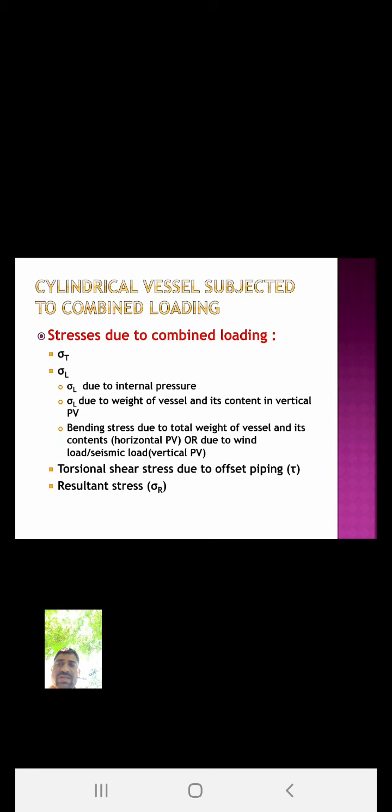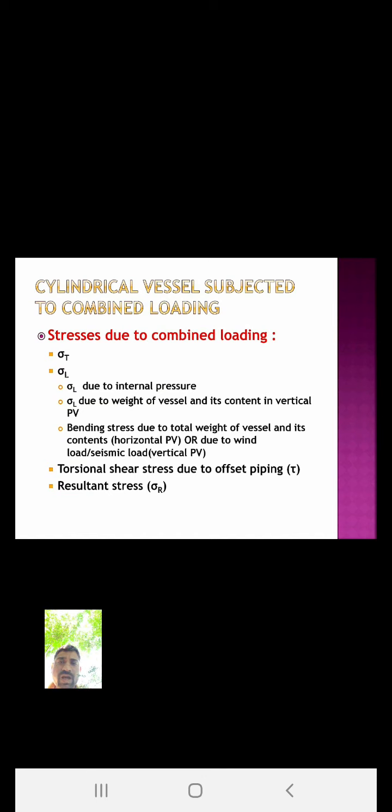Stresses in the longitudinal direction are also due to the weight of the vessel and its contents in a vertical pressure vessel. Remember that there are two types of pressure vessel. We get sigma L in the vertical pressure vessel due to the weight of the vessel and its contents.